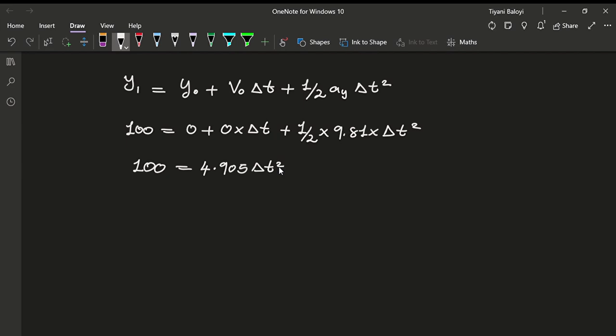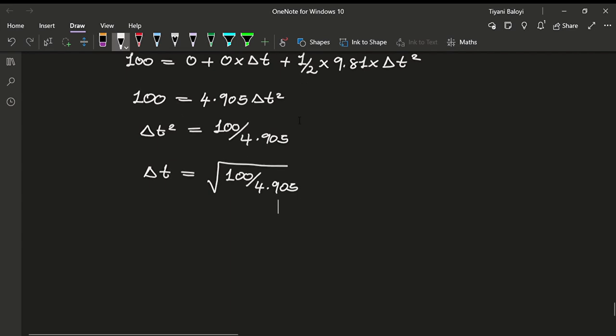Let's divide by 4.905, so 100 divided by that gives the change in t squared. To be very accurate with our answers, let's keep this as a fraction before we find the answer. Then let's take the square root on both sides. Our square root will be plus or minus, but since this is time, we won't consider the negative option. We'll only take the positive option.